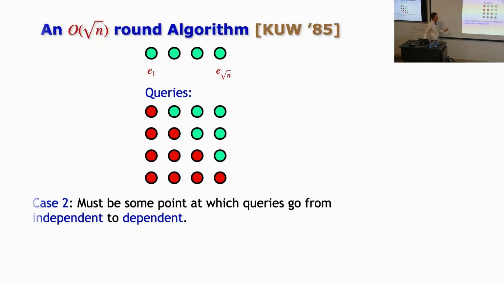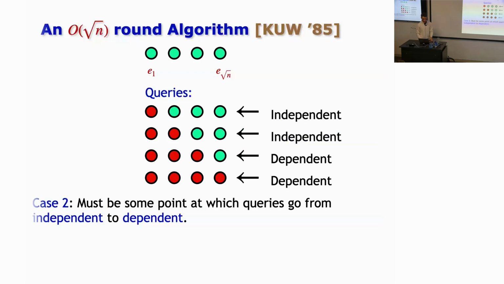Case 2 is a little bit more subtle. What's happening in case 2 is that your last query is not independent. Because case 1 said the last query is independent, now it's saying the last query is dependent. So what this is telling you is that you have this sequence of queries starting from the very beginning. Your first query was independent, say. Your second query was independent. And it kept on being independent.